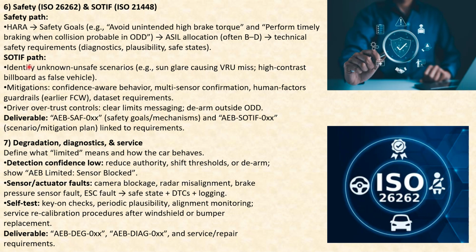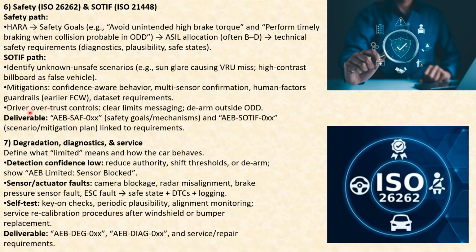When it comes to the SOTIF path, safety of the intended functionality, identify the unknown unsafe scenarios. Example, sun glare causing a VRU miss. Sometimes the road users can be out of your range because the sun is glaring right into your eyes. And it can also be a high contrast billboard mistaken as a false vehicle. All right. Now, when it comes to mitigations: confidence aware behavior, multi sensor confirmation, human factors guardrails, dataset requirements.